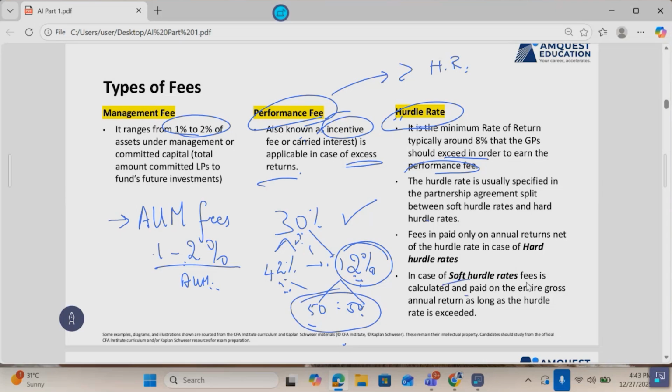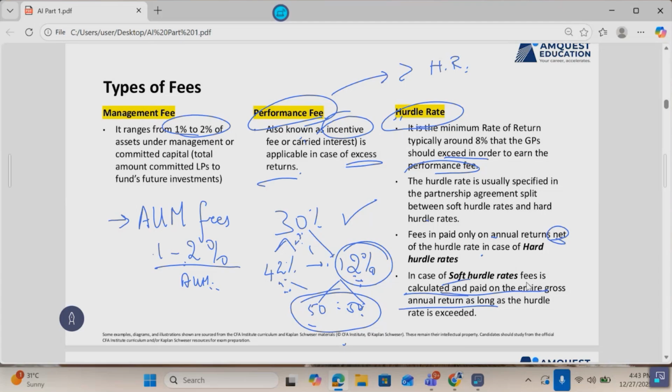Soft hurdle means the fees are calculated and paid on the entire gross annual return. If you exceed the hurdle, I'll give you on the entire amount. In a hard hurdle, fees are paid on the annual returns net of the hurdle rate. So I'll remove the hurdle rate and then give you the fees on the net amount. So obviously soft is better.